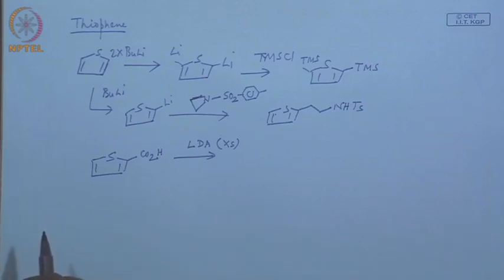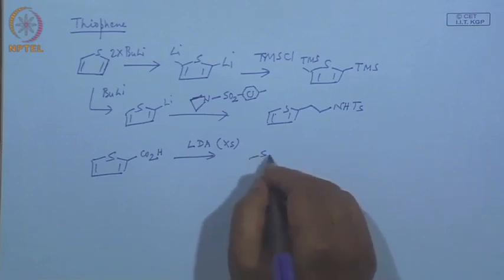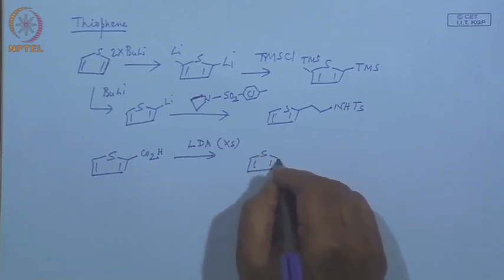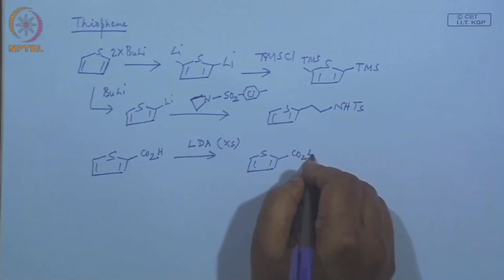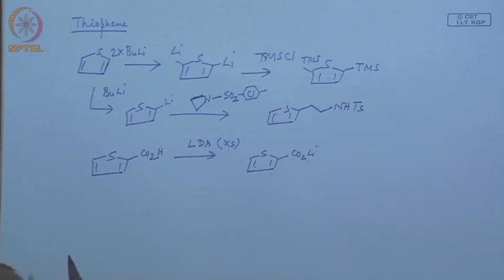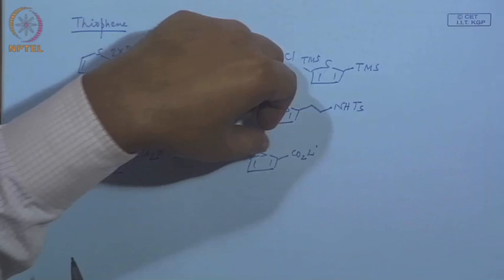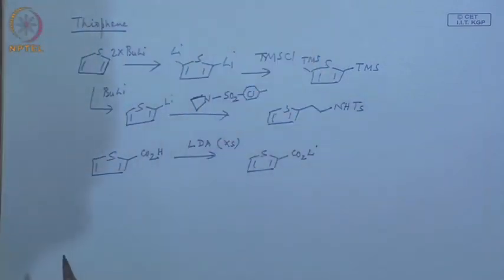The first equivalent would go to deprotonate the carboxylic acid, all of us know. Next one, one, 2, 3, 4, 5 positions.